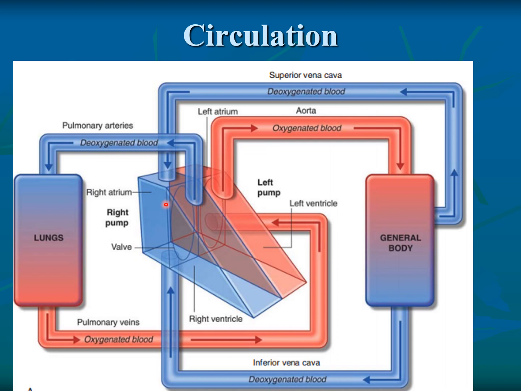Now from the right atrium, blood enters into the right ventricle, and from right ventricle through pulmonary artery the blood enters into the lungs, which is a part of pulmonary circulation.